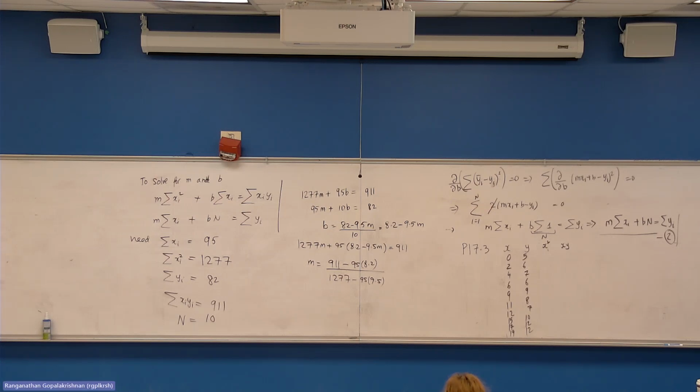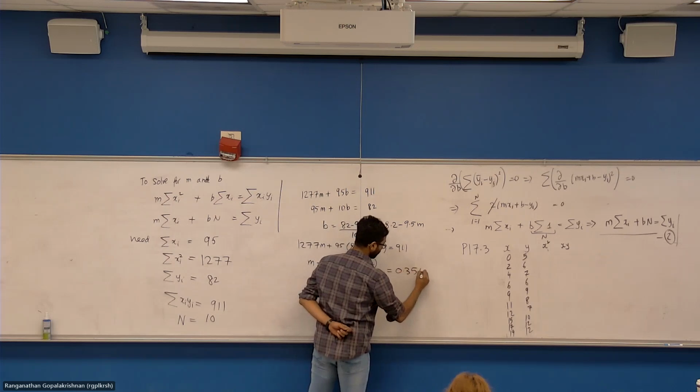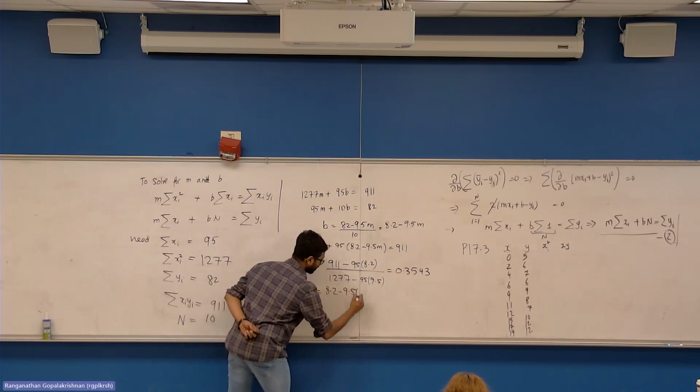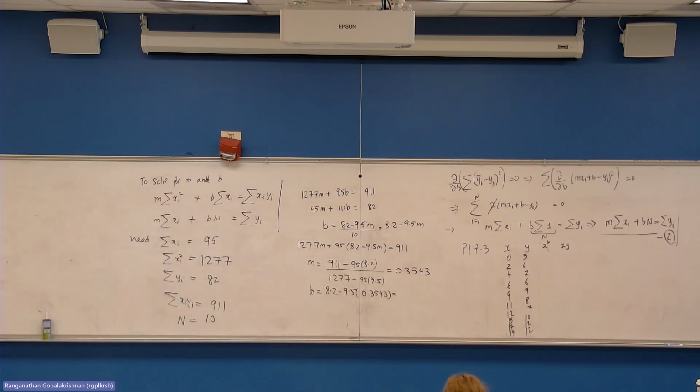And what will that be? b would be 8.2 minus 9.5 times 0.3543.